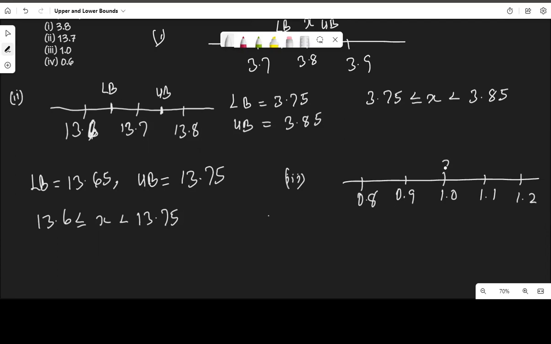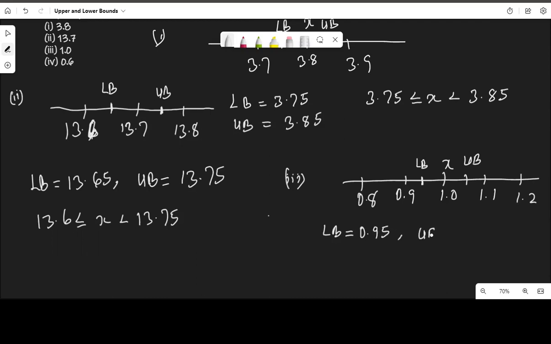Now, this is our number S. In between 0.9 and 1.0 is the lower bound. Then in between 1.0 and 1.1 is the upper bound. How do we get the lower bound? 0.9 plus 1.0 divided by 2 will give us the lower bound. So in this case, it is 0.95.